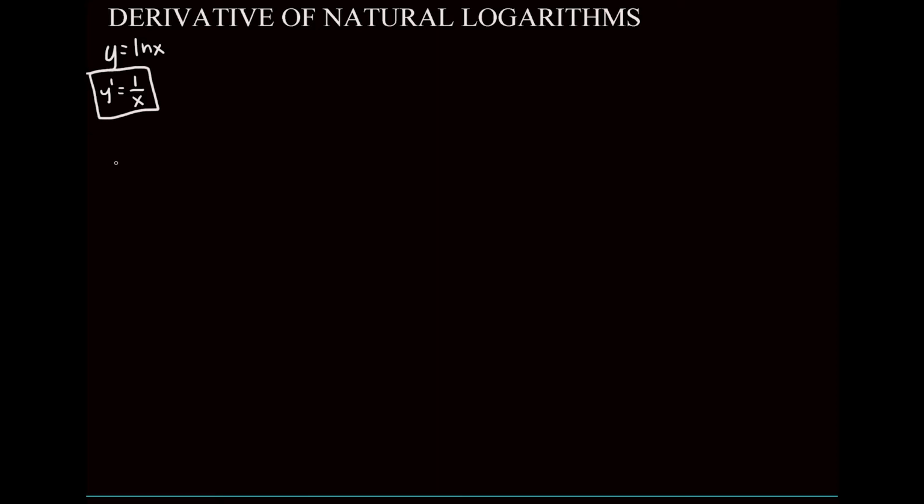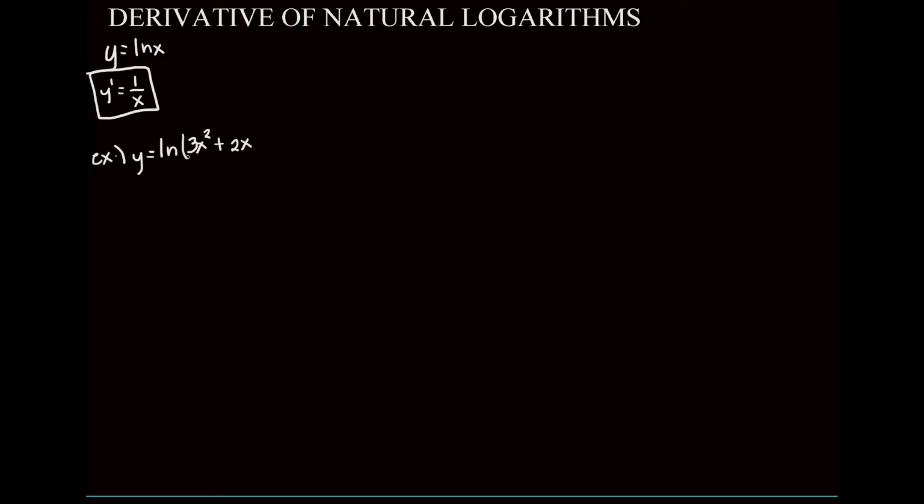Easy, right? So let's take a look at some examples where we're going to find the derivatives of natural logarithms. Let's take a look at example number 1. We have here y is equal to the ln of 3x squared plus 2x.